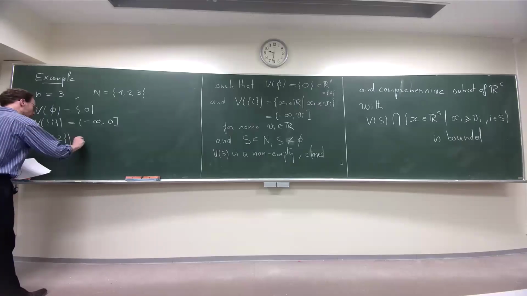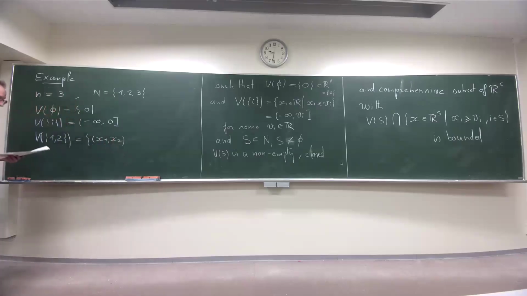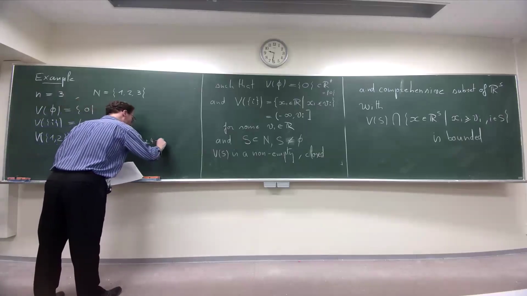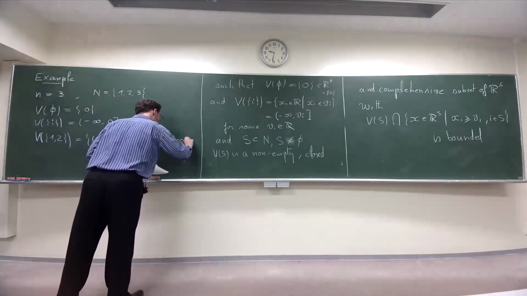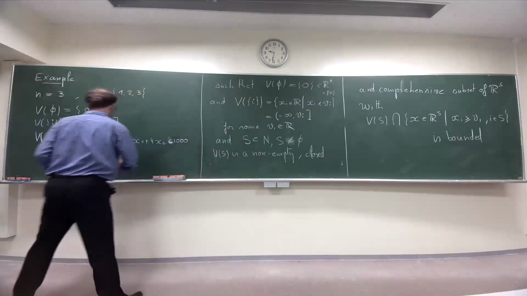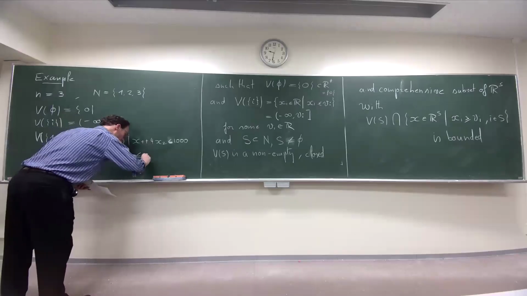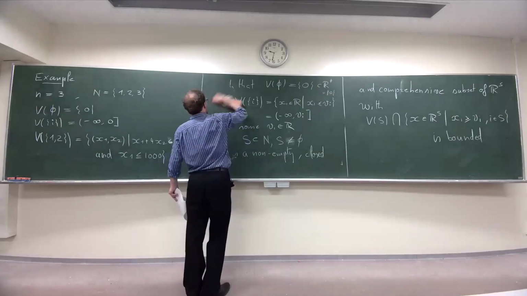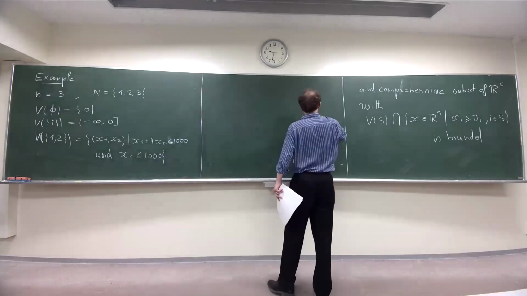I'm going to choose the set of the (x1, x2), because it's in two variables, such that x1 plus 4x2 is smaller or equal to 1,000. And there is a second condition, x1 is itself smaller or equal to 1,000. If you look at the example, you will see why we have these numbers. So I define V of {1,2}.